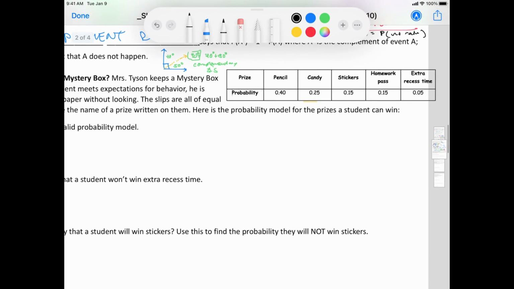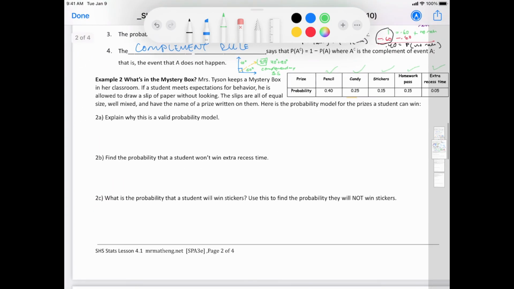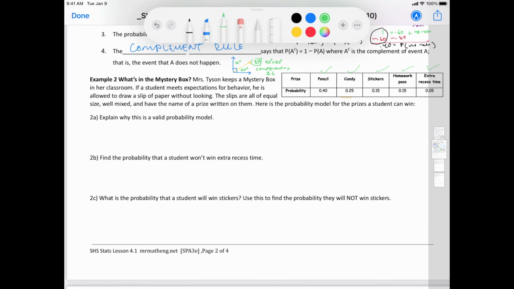Here's a probability model for the prizes a student can win. So you can get a pencil, candy, stickers, a homework pass, or extra recess time. Explain why this is a probability model. So first of all, is each of these outcomes, all these numbers, between 0 and 1?